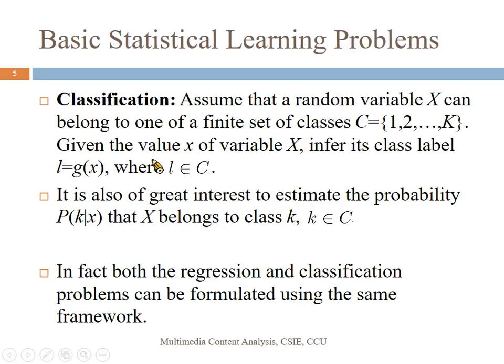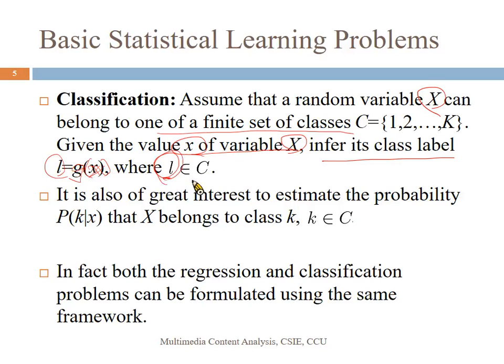Another problem is called classification. So assume a random variable X that would belong to one of the finite set of class, maybe class 1, class 2, or class K. So given the value x of the variable capital X, we want to infer its class label. So we want to find a function g so that we can input x, and it outputs the class label y.